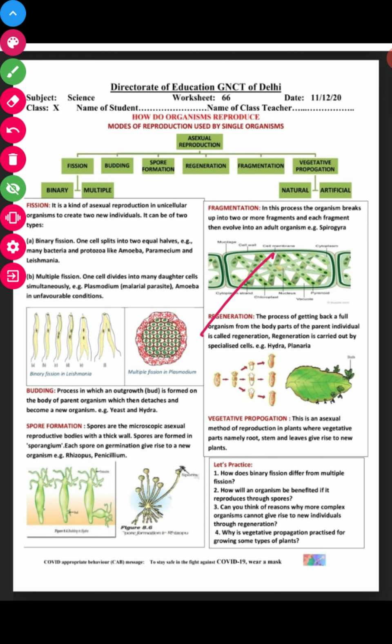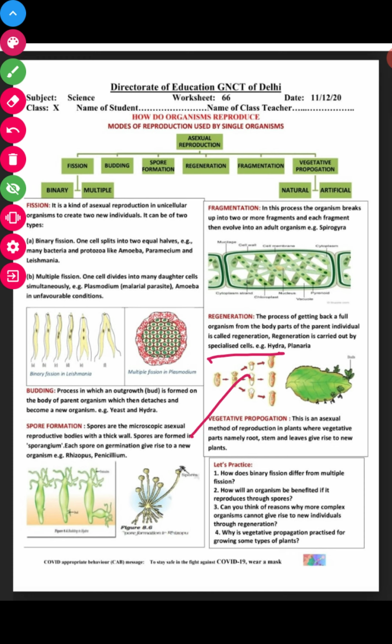Next we have regeneration, the process of getting back the full organism from the body parts of the parent individual. Regeneration is carried out by specialized cells, and examples are hydra and planaria.